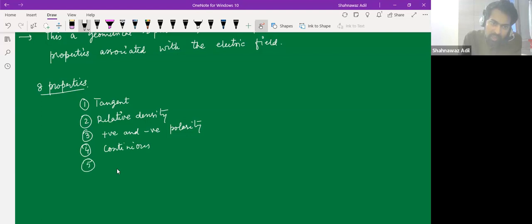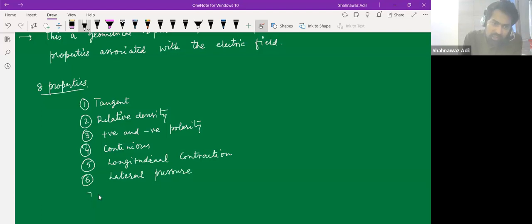Fifth one is longitudinal contraction. Sixth one is lateral pressure.